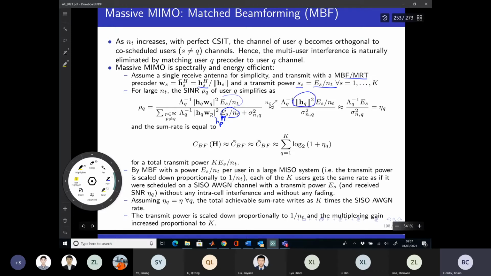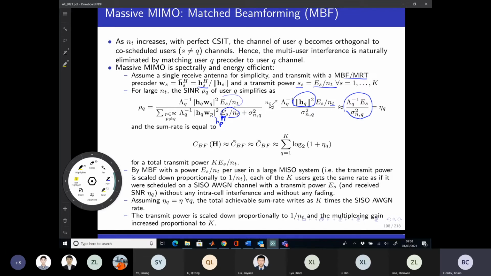I have used only a transmit power that has been divided by the number of transmit antennas, so a very small amount of power for user Q. But because of the beamforming gain, and because I got rid of the interference, this is equivalent to the SNR I would have obtained if I had allocated all the available transmit power ES to a single user at a time over a non-fading channel.